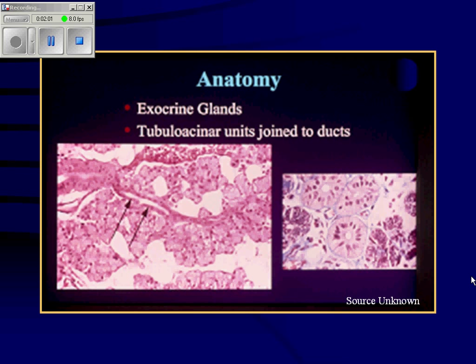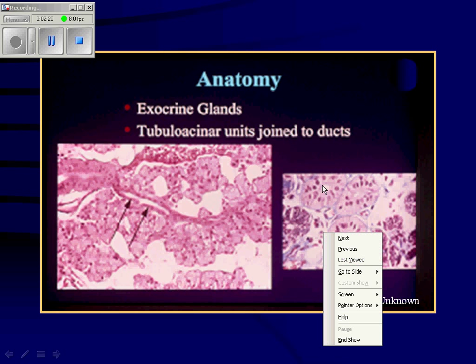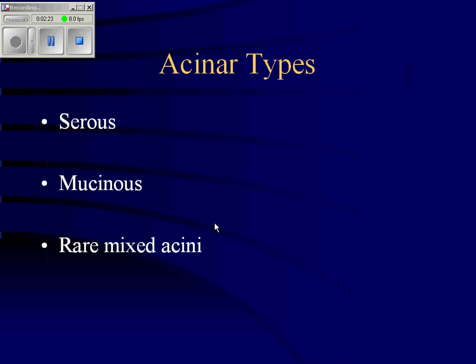So these tubuloacinar groups of cells can either be secreting proteins, called zymogen granules or zymogen cells, or mucus producing cells, and these little acinar units here join up to form ducts, and the ducts have more of a columnar-shaped epithelium. So the kinds that produce more protein are called the serous types of acini, and the ones that produce more mucinous stuff are called mucinous.